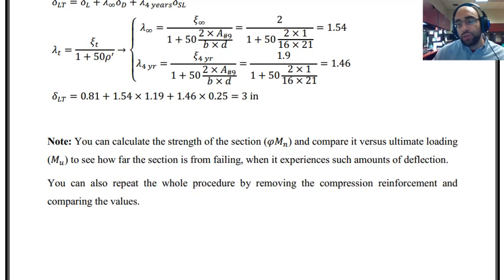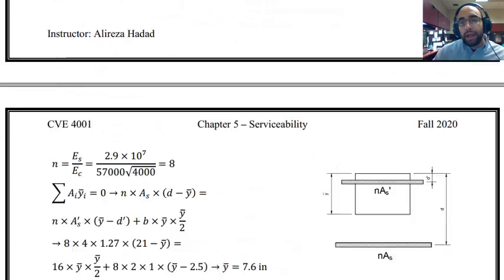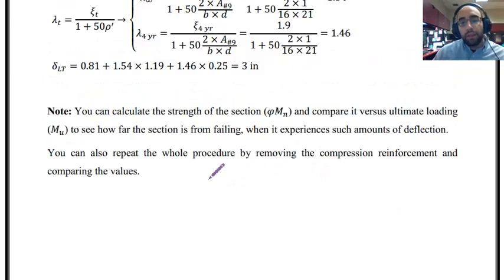As you can see, it is just talking about the deflection values. But one thing that you can do as kind of extra effort or bonus work is to look at the strength of the section, or phi Mn, and compare it versus Mu.